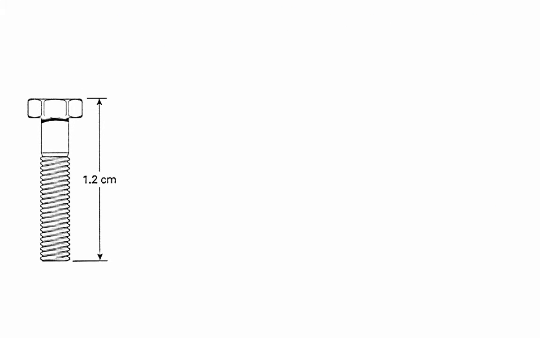If that makes sense, you really can skip this last example, but I'm going to do one final example. It's basically real similar to the one before. Say I have a bolt, and you could draw a bolt like that if you wanted to, or really just draw an object like a rectangle, that is 1.2 centimeters high.